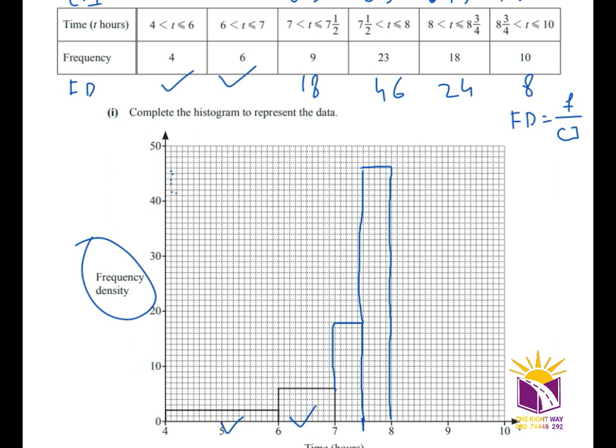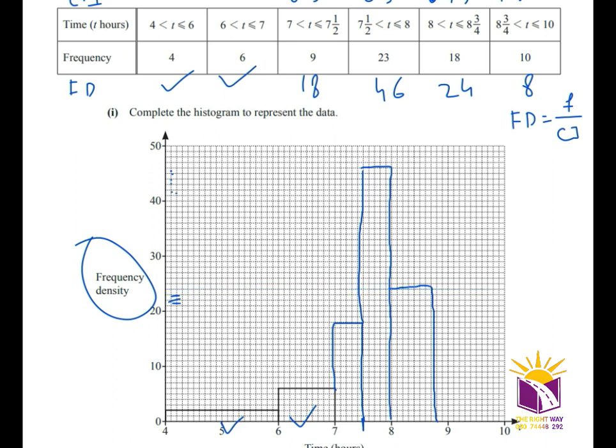So 24, 1 2 3 24, and it will be from 8 to 8.75. 8.75 will be between 8.8 and 8.7. So your line should be between 8.8 and 8.7 over here.